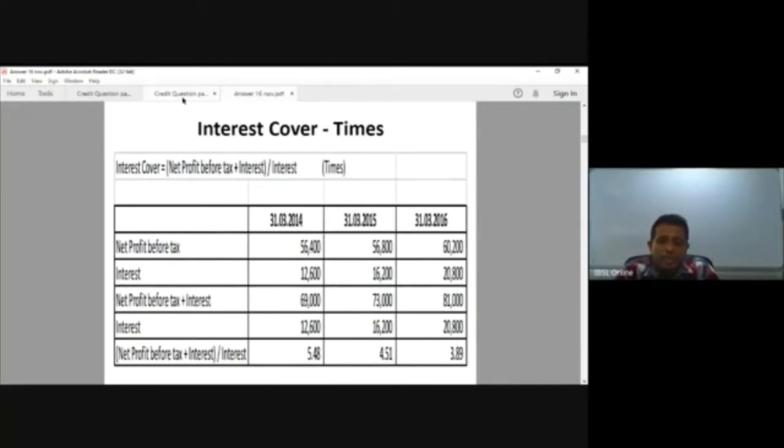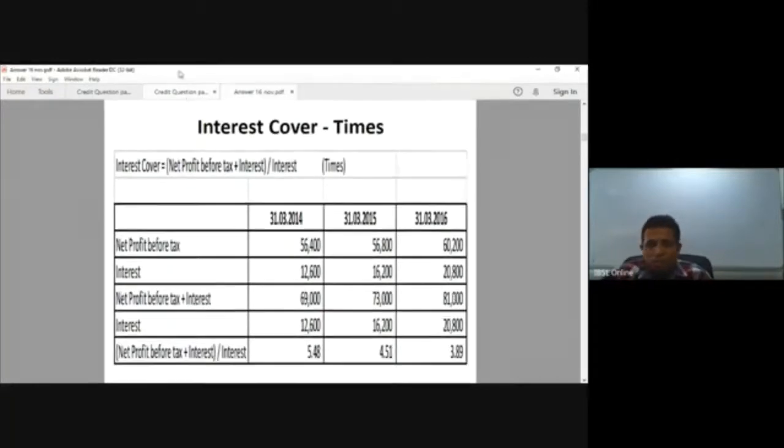Compared to the increase percentage of the profit figure, the interest figure is increasing higher. That's why you are getting a lower interest cover number of times figure. Higher the figure, better it is. I think there is not much difficulty in calculating this ratio. Right, we'll talk about the interpretation part finally.